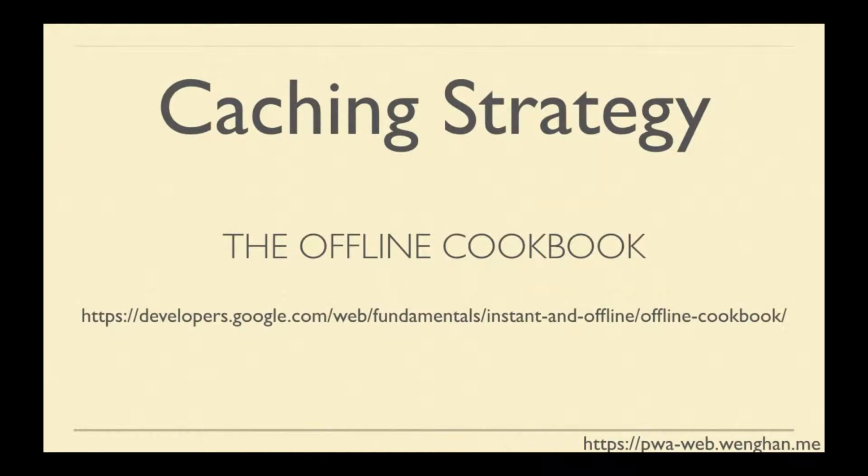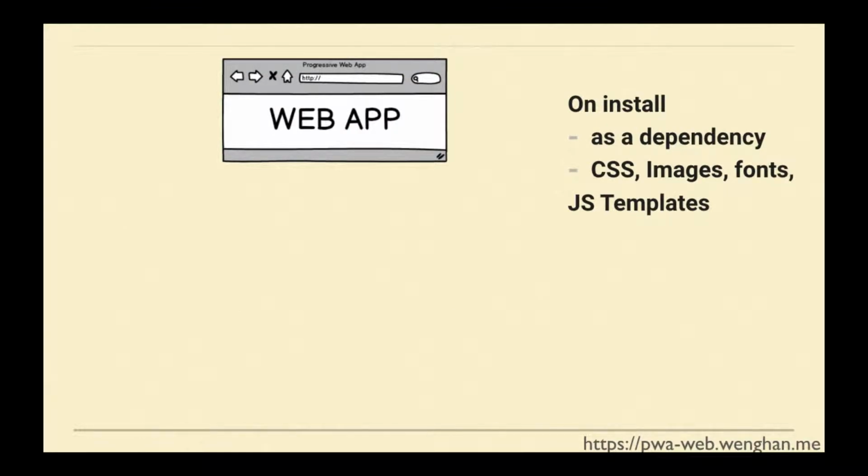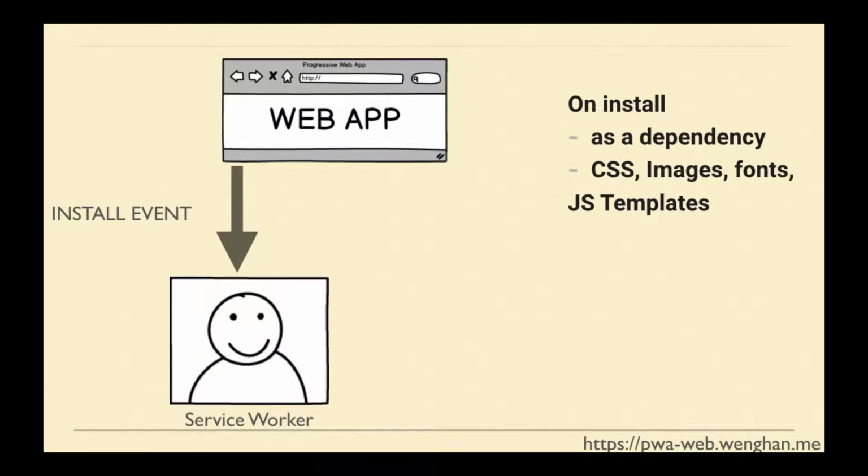This is a caching strategy I took from the offline cookbook. You guys can check out the website. This is the on install strategy. In the web app, you have an install event for your service worker.